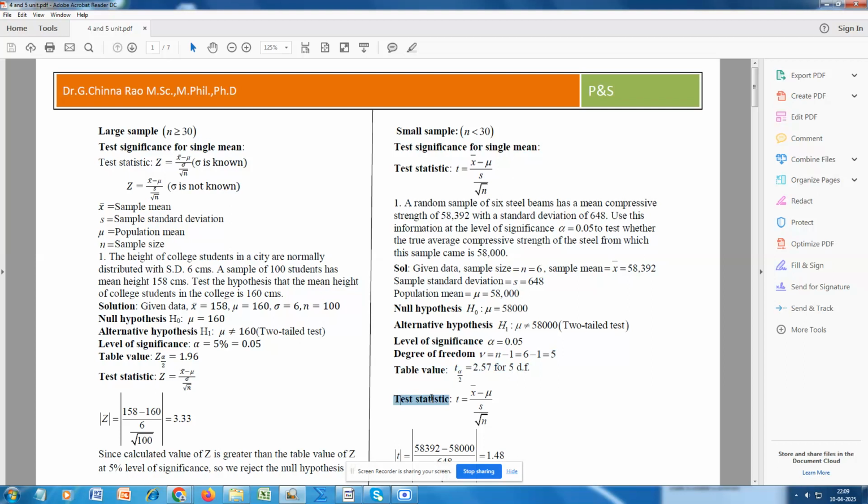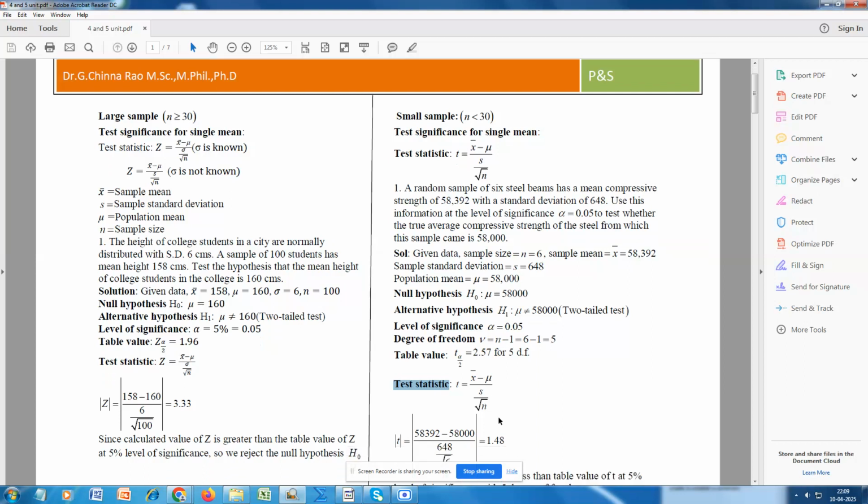Next, the test statistic t is equal to x bar minus mu divided by s by root n. This is also called the t test. For a small sample we can use the t test. Now substitute the above values in this formula.